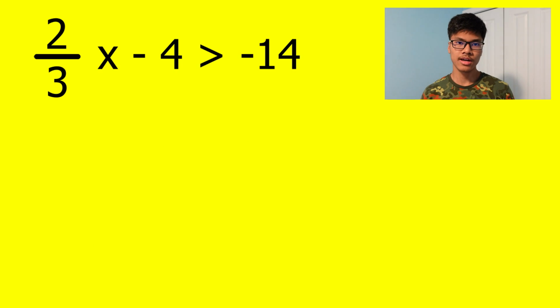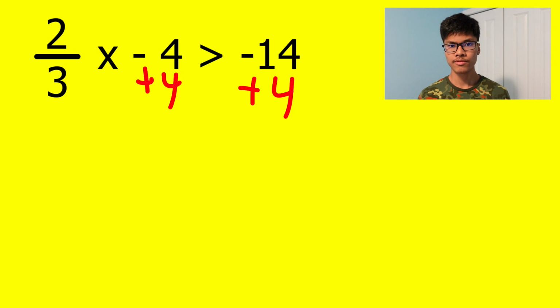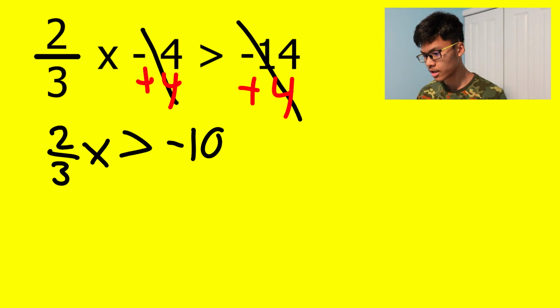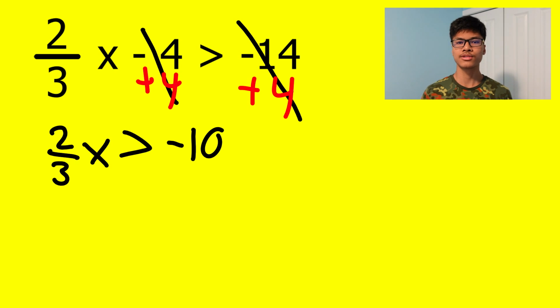And now I have a final example. In this one, we will be dealing with a fraction. So now we have 2 over 3 x minus 4 is greater than negative 14. Let's start off by taking out negative 4 from both sides by adding positive 4. So now the inequality becomes 2 over 3 x is greater than negative 10.